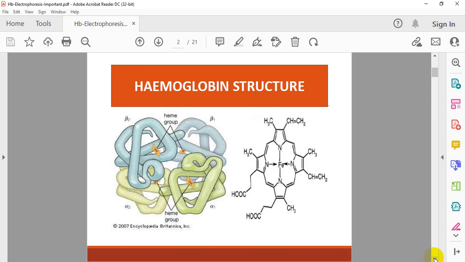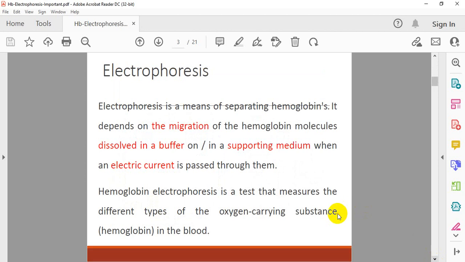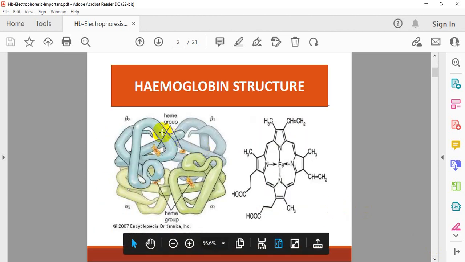So let's begin. So let's look at the structure of the hemoglobin molecule. So hemoglobin comprises two alpha globin chains, alpha 1 and alpha 2. This is the alpha globin chain. They are yellow colored. They are two.